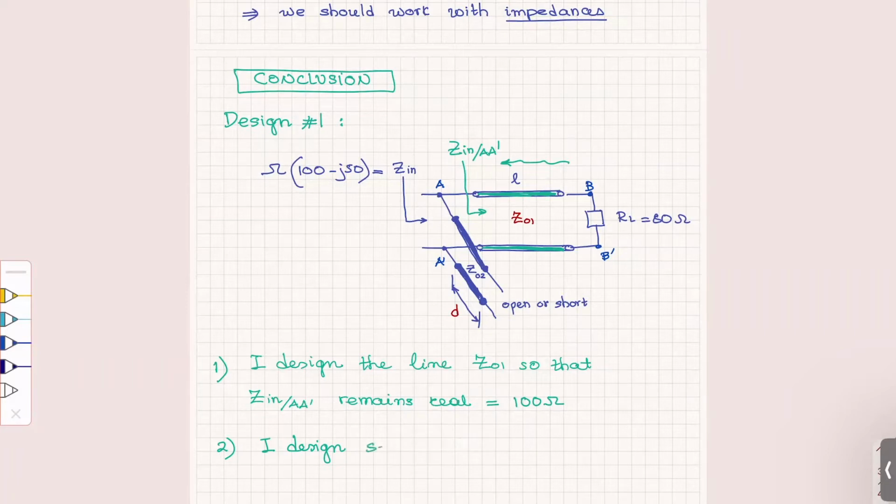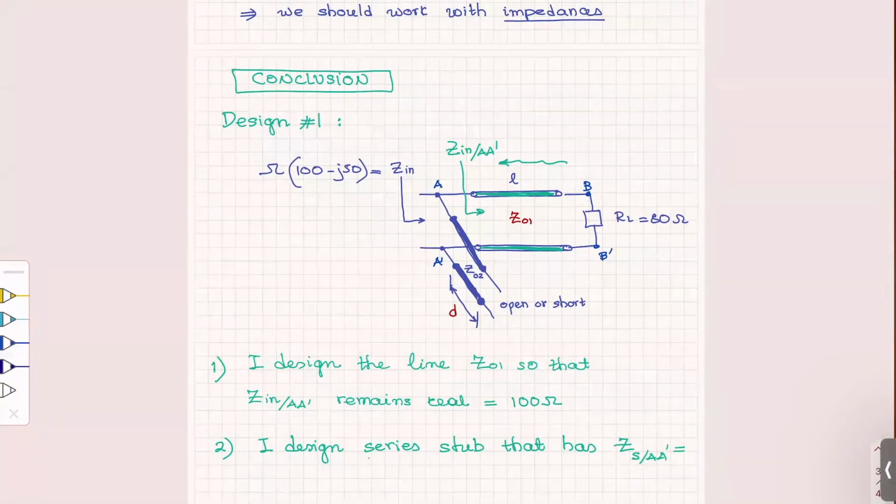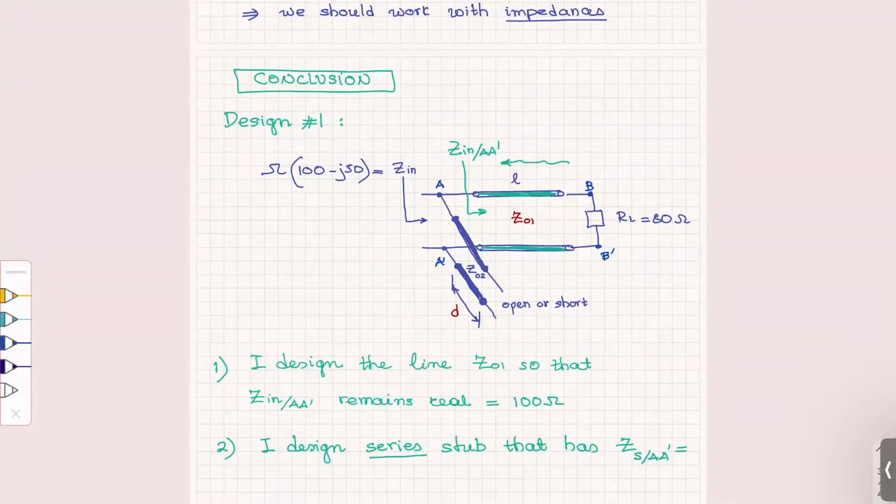I will design a series stub that has ZS at A prime equal to, and I will change the position of the stub since it's a series, equal to minus j50 ohms. So practically, in this case, I have to remove this from being a shunt, as I said previously. I will make it a series stub.